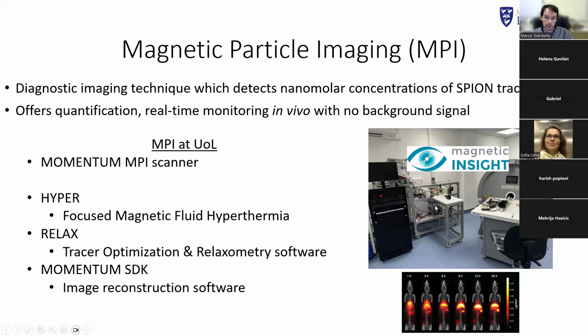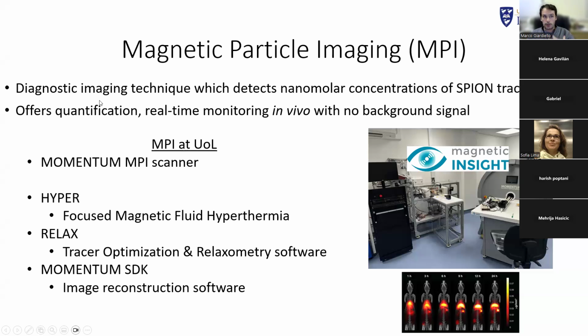We're talking about MPI today, but there is also the Magnetic Insight hyperthermia module there. We have all the software to do the imaging that is needed, and quite importantly, from a tracer development perspective, the relaxometry software that helps with tracer design.